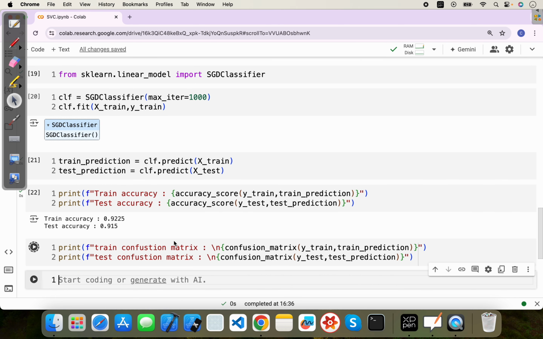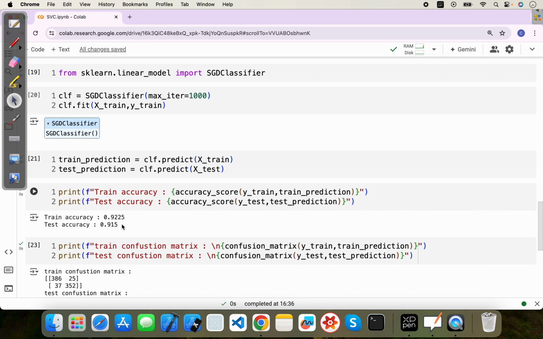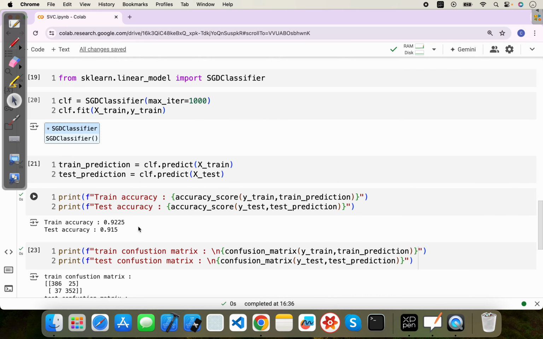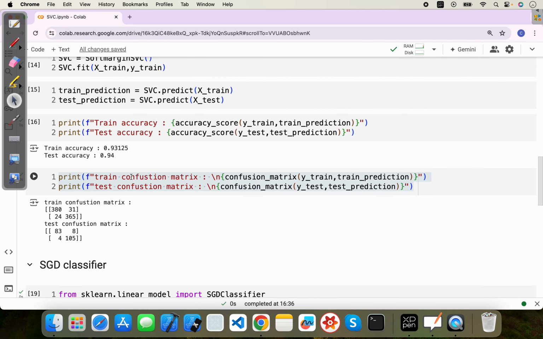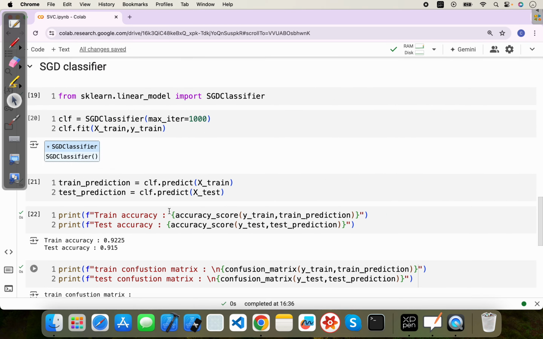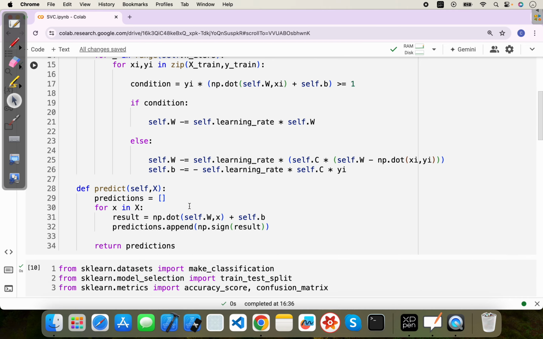Okay, right. So if you see, in the sklearn implementation we also receive 92% accuracy, right? Which is very similar to our implementation, right? The accuracies are almost similar in our implementation as well as in the SGD classifier from sklearn, right? So we can say we had implemented a good version of soft margin SVM, right?